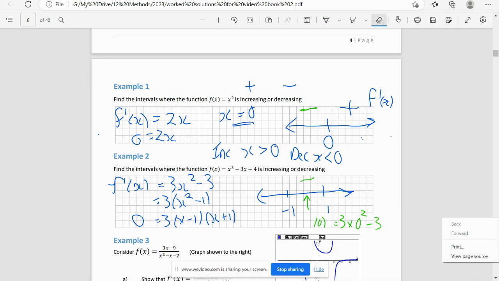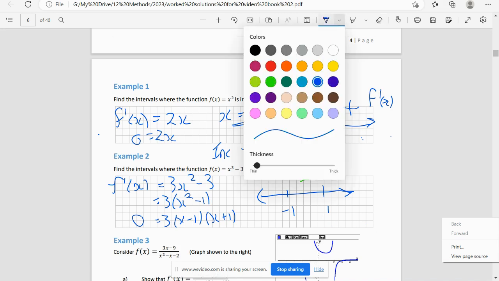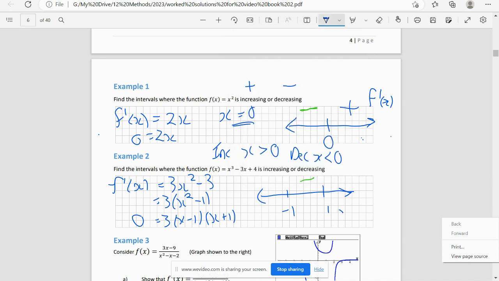Now I need to sub in a value on either side. So let's say 2. I'll do f'(2). Reading off the f'(x) equation, it'll be 3 times 2 squared, which is 4. So that's 12 take 3, which is 9. That's going to be positive.